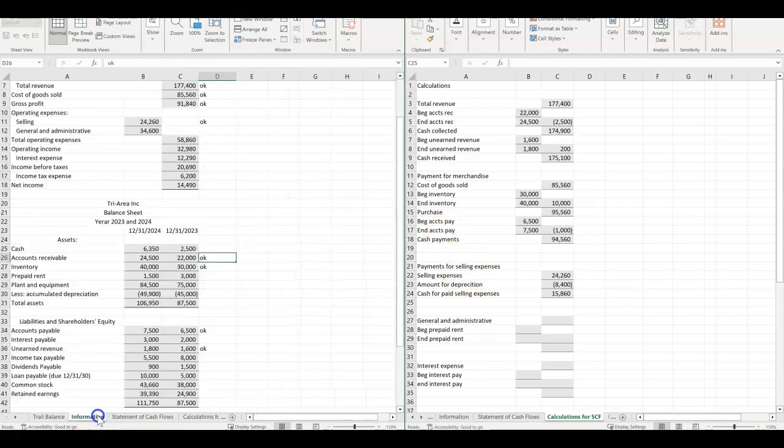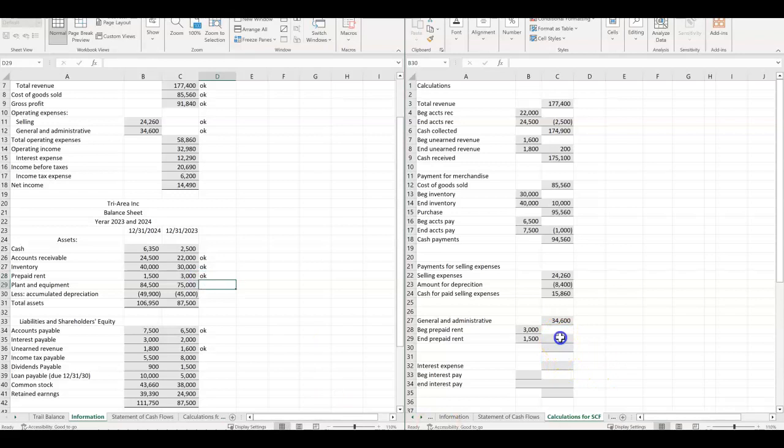Okay, now for this income statement, next one is the general administrative expenses. Okay, that's 34,600, so we put that over here. And we want to run the prepaid rents through there. Okay, so in the prepaid rent category, we have 3,000 and 1,500 for the ending. That takes care of that one.